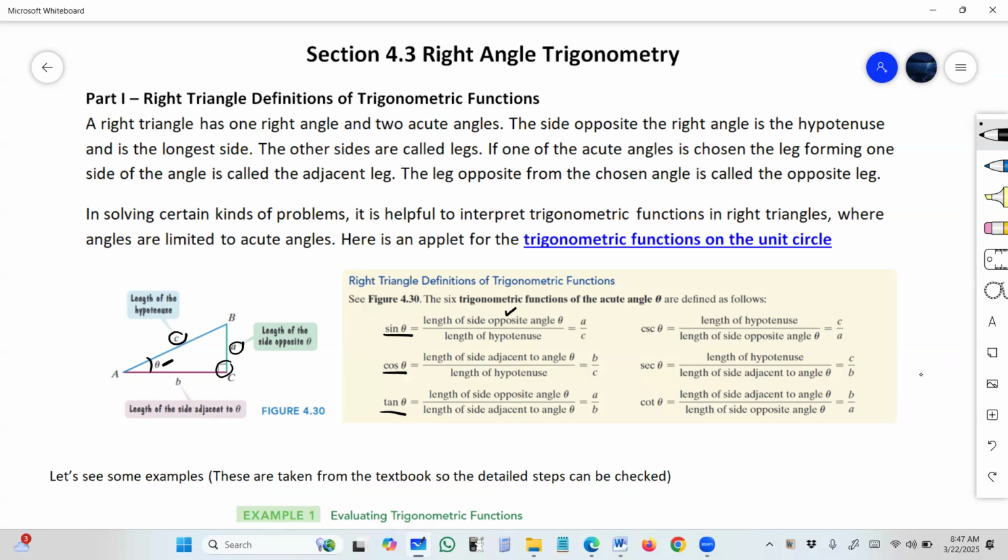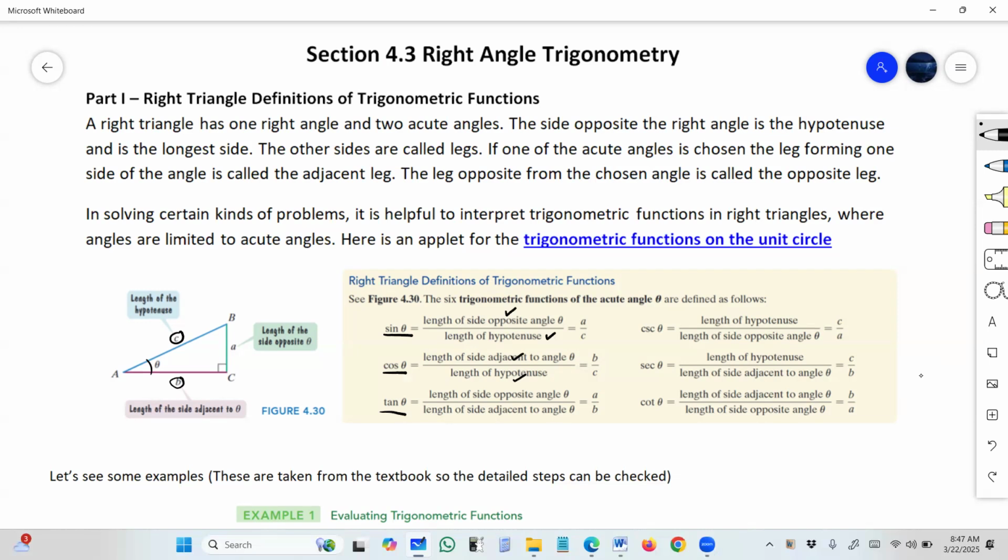Opposite. So we normally say opposite divided by hypotenuse. For cosine of this angle, adjacent side divided by hypotenuse. Okay? So adjacent by hypotenuse.